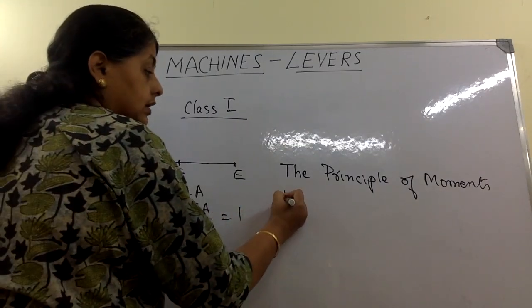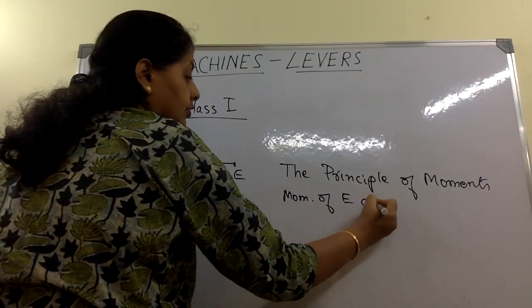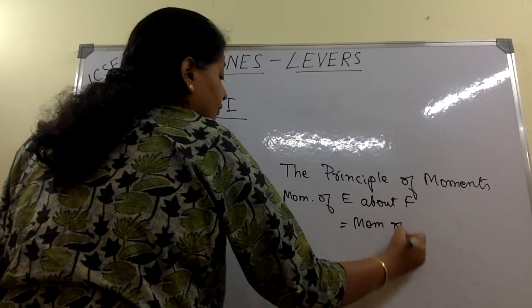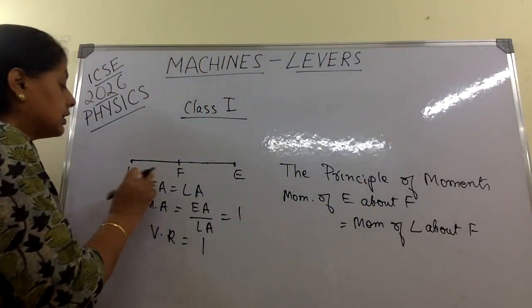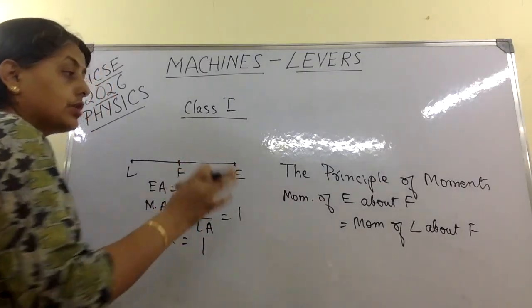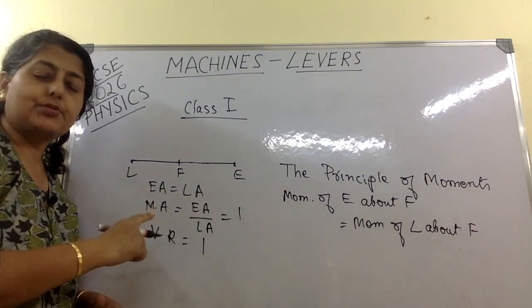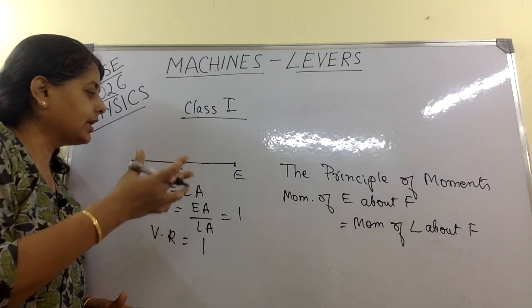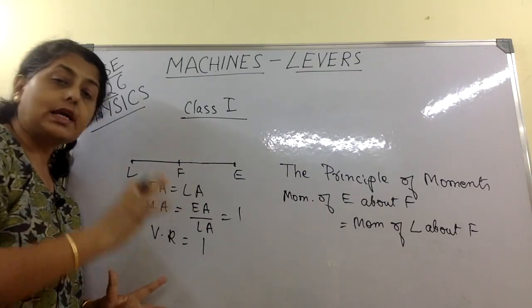Moment of effort about the fulcrum is equal to moment of load about the fulcrum. The fulcrum is the fixed point. If both are equal, then this lever is in equilibrium. You have done sums on this in chapter 4, so you have done lots of moment questions. So the lever works on that principle only.